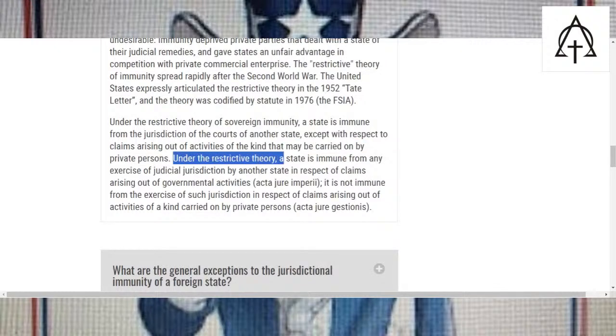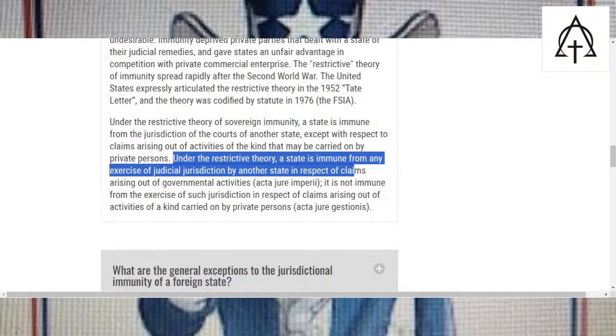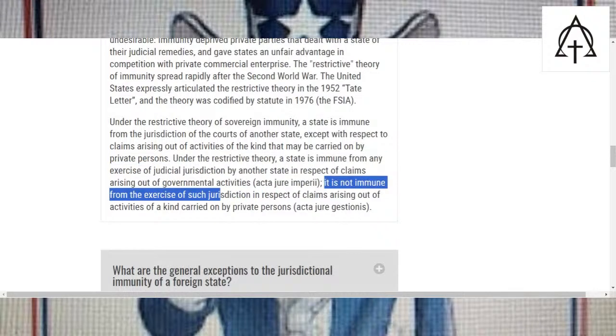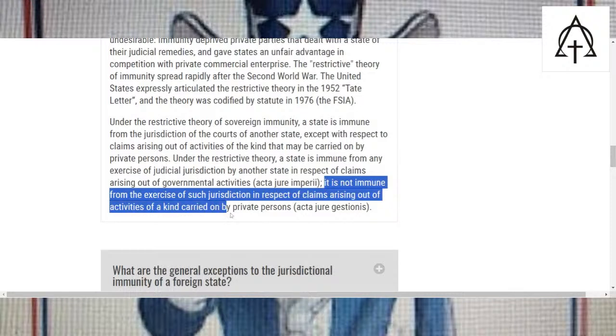Under the restrictive theory, a state is immune from any such exercise of judicial jurisdiction by another state in respect of claims arising out of governmental activities. It is not immune from the exercise of such jurisdiction in respect of claims arising out of activities of a kind carried on by private persons.